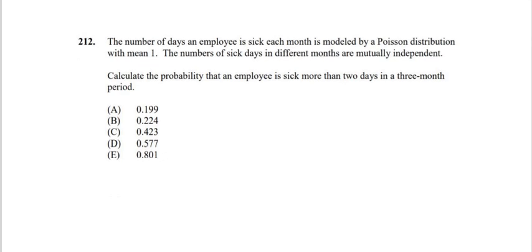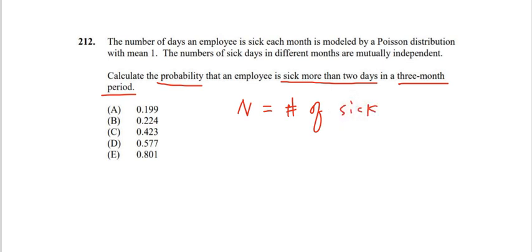So there's a problem that is also to find a probability. The employee is sick more than 2 days in a 3 month period. Let's suppose that n is the number of sick days in a certain period.